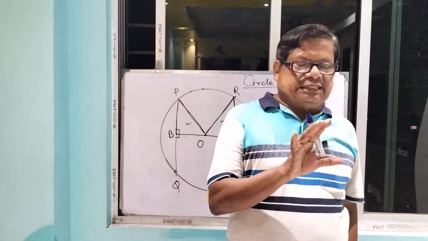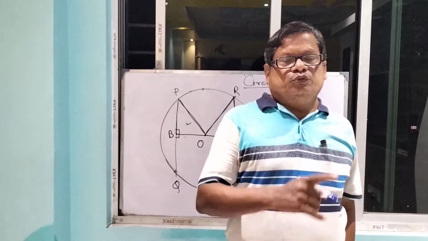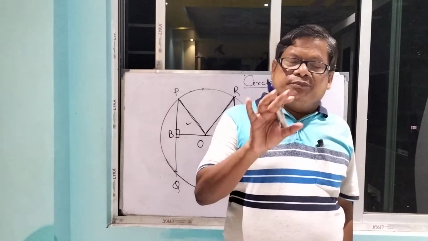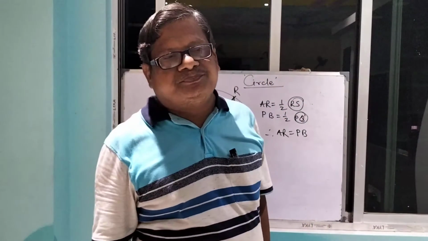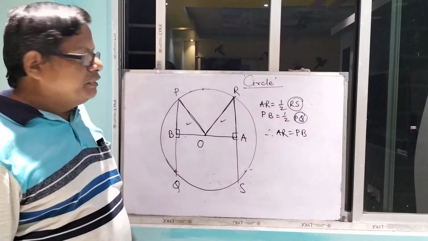Here I am discussing four theorems. All of you remember them, because with the help of these theorems we have to solve many applications of circles. You can't say this is not in the syllabus; it should be known to you.